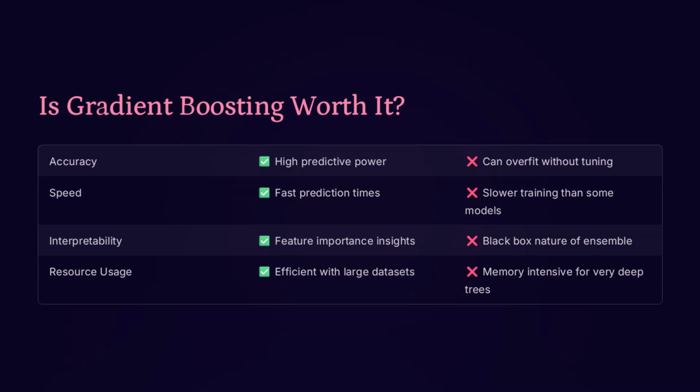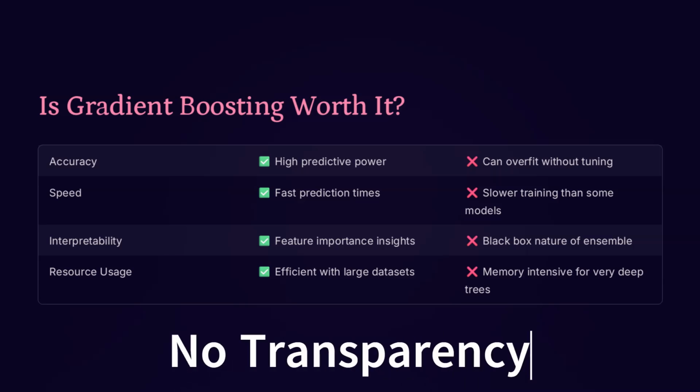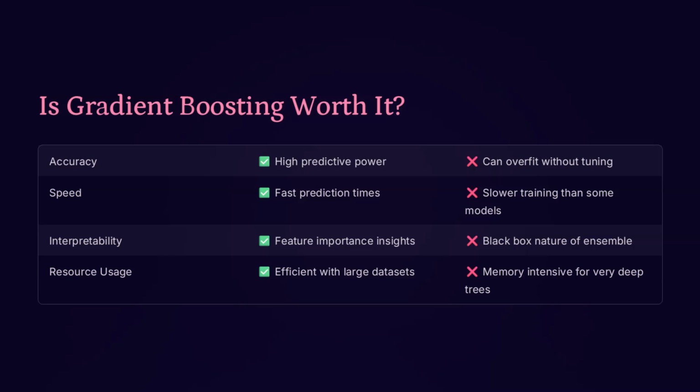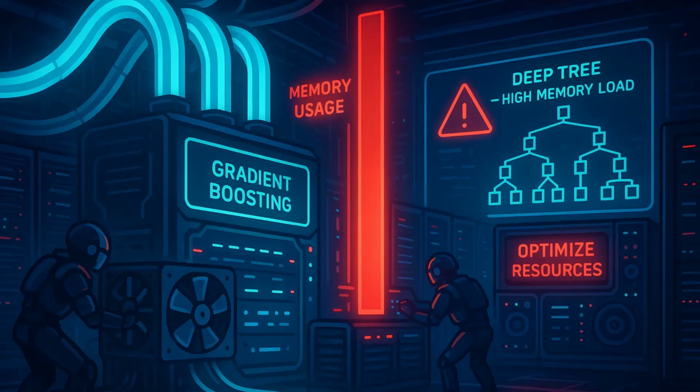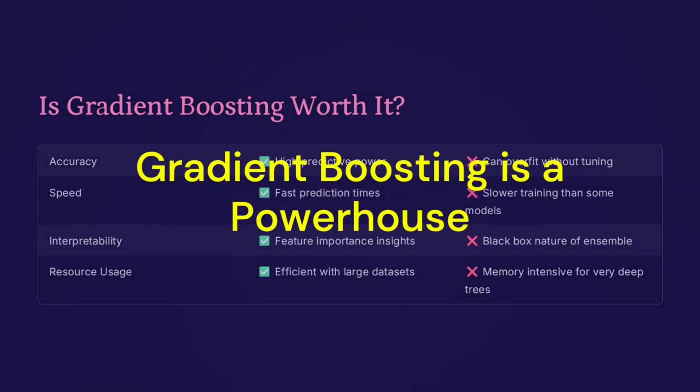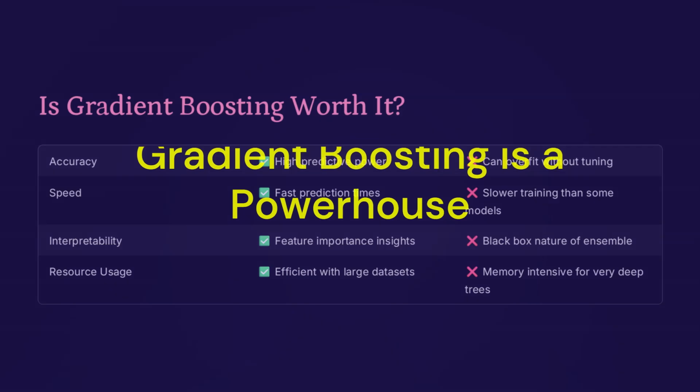You'll get useful feature importance, but don't expect full transparency. The ensemble's black box nature can obscure finer details. Finally, resource usage. Gradient boosting handles large datasets efficiently, but deep trees guzzle memory. Plan your hardware accordingly. The verdict? If you need top-tier accuracy and can invest in tuning, gradient boosting is a powerhouse. Just know its trade-offs.